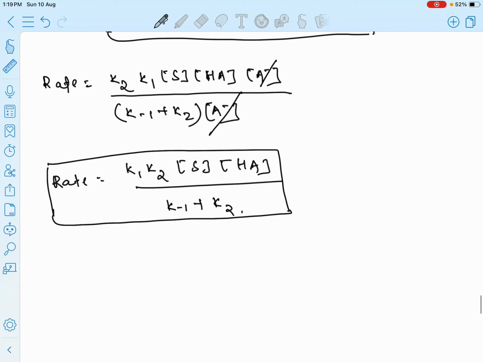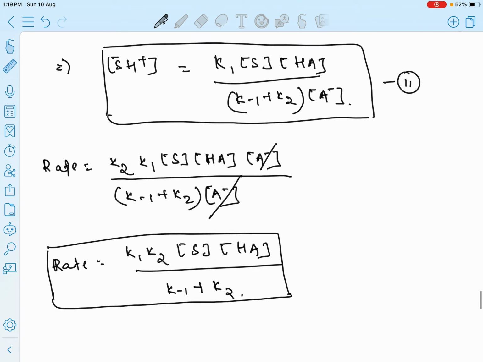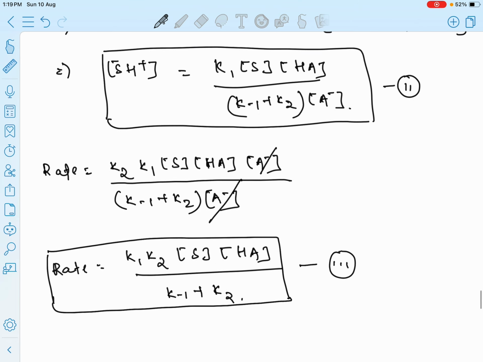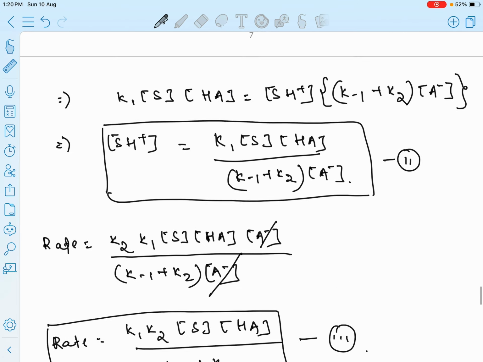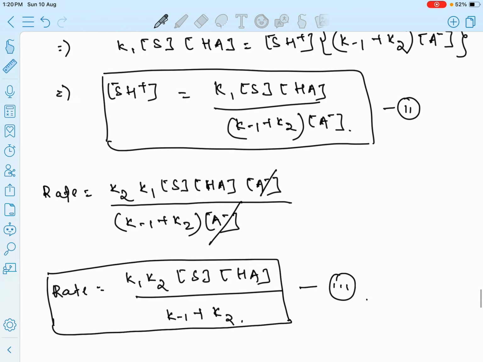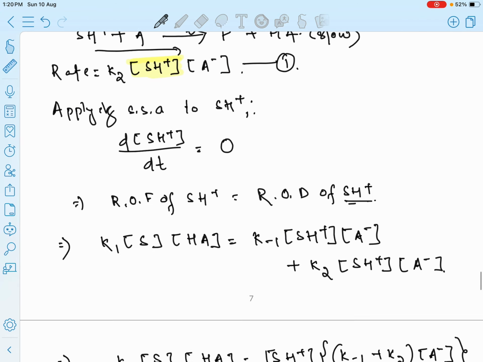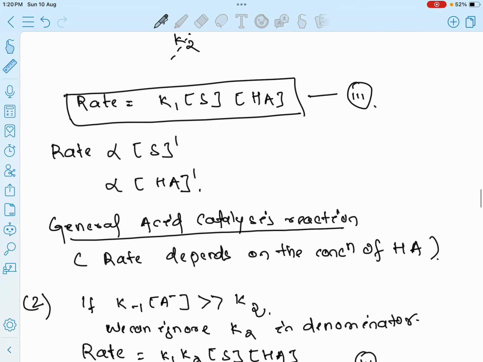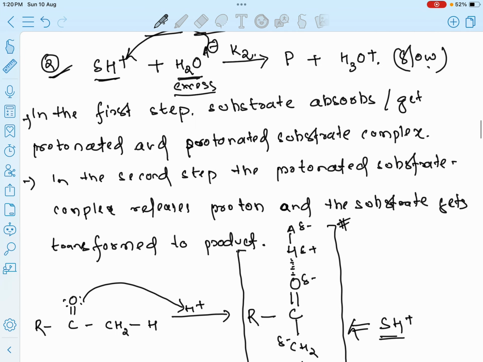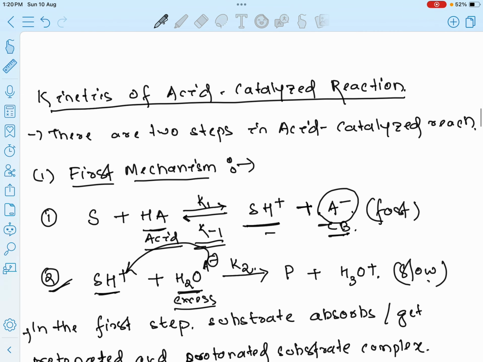Okay, so the special cases which we derived in the last class can be derived in this equation also. Likewise, you can do it. Now, this is all about acid catalysis reaction. But in the first mechanism we took acid.